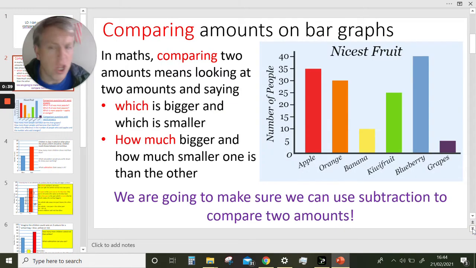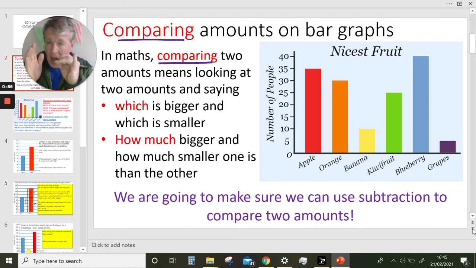So what are we doing? We're comparing amounts on bar graphs, and let's make sure we know what that word means. So in maths, when we're comparing two amounts, it means we are looking at two different amounts, two different numbers, and we're saying, for example, which is bigger and which is smaller, and how much bigger and how much smaller one is than the other.